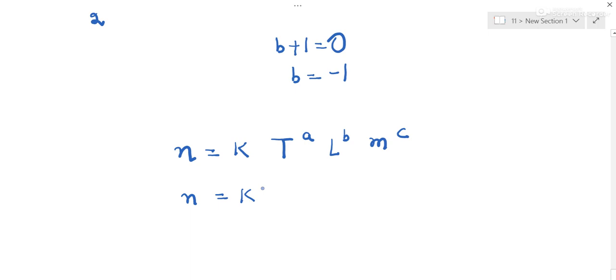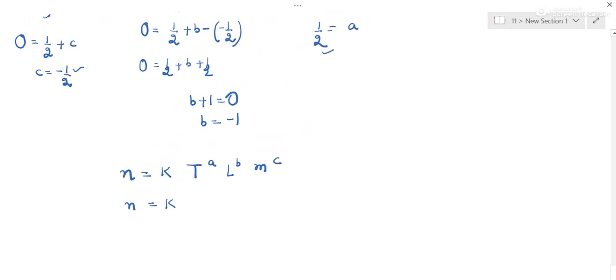K, what is the value of a? A is half, so T to the power half, L to power minus 1, and M to power minus half.